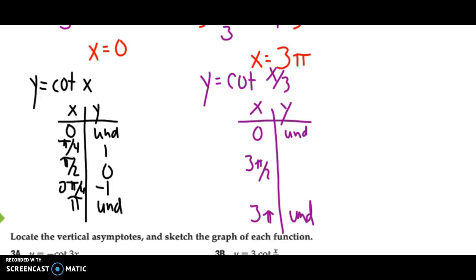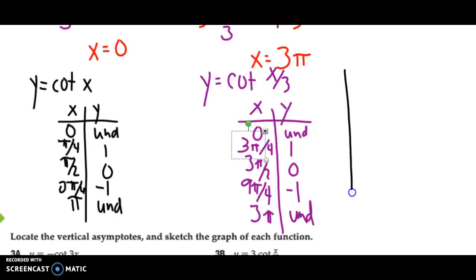Then halfway between 0 and 3 pi over 2 is going to be 3 pi over 4. And halfway between 3 pi and 3 pi over 2 is going to be 9 pi over 4. So at 3 pi over 4 we start at 1, then 3 pi over 2 is 0, 9 pi over 4 is negative 1.